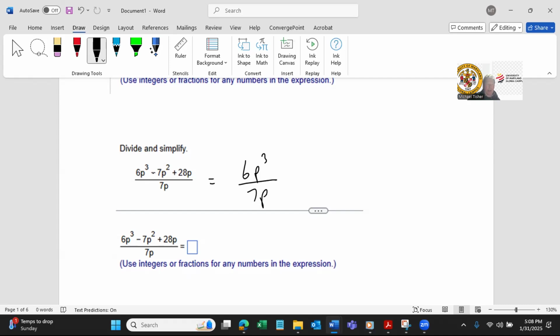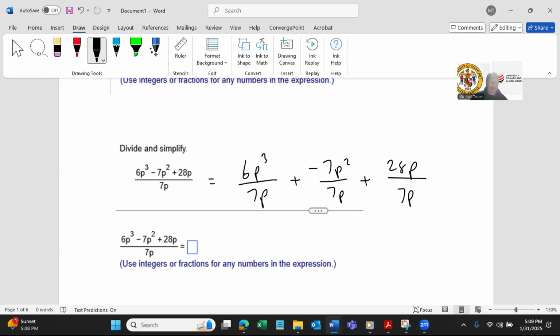Okay, now technically, minus is a plus negative, so we can rewrite plus negative 7p squared over 7p, and then plus 28p over 7p. So again, just take each term in the numerator and put it over the denominator. Now let's go to work on this one.